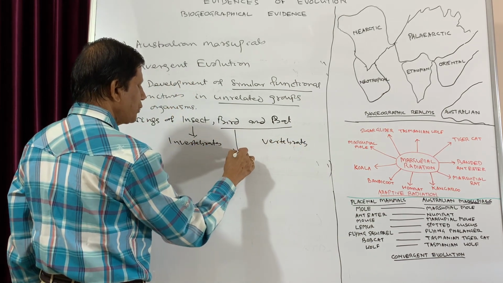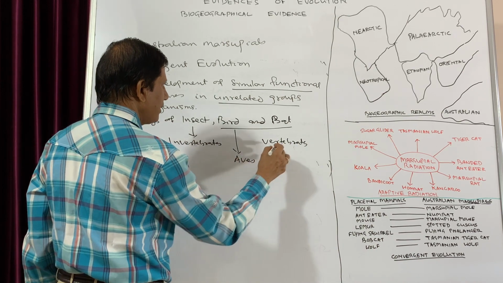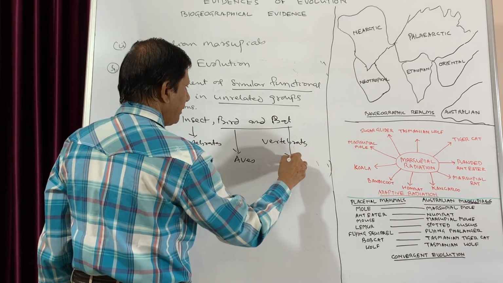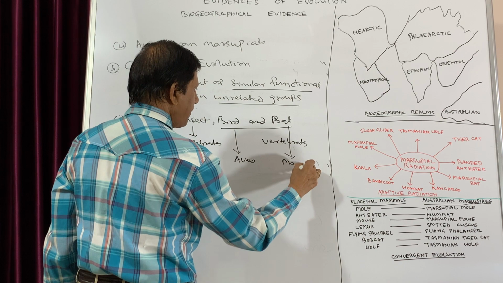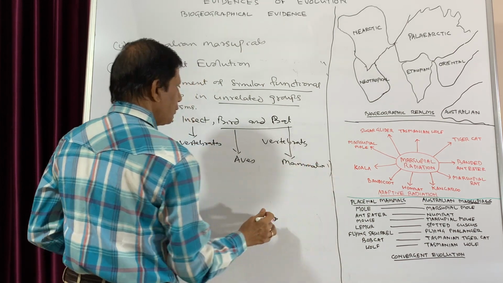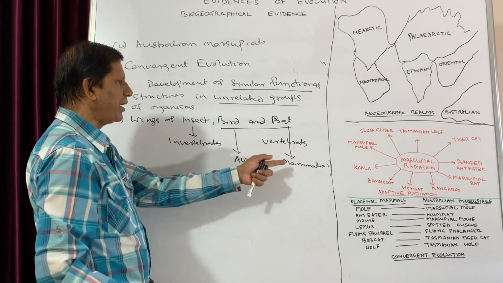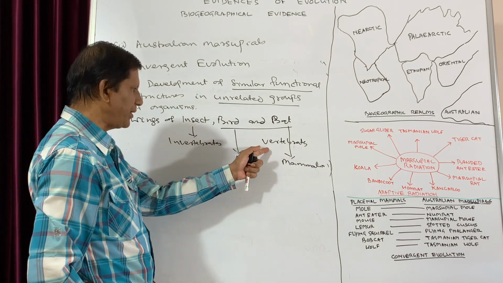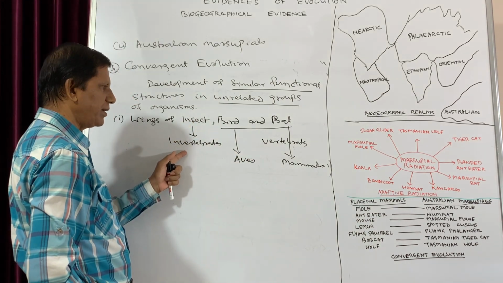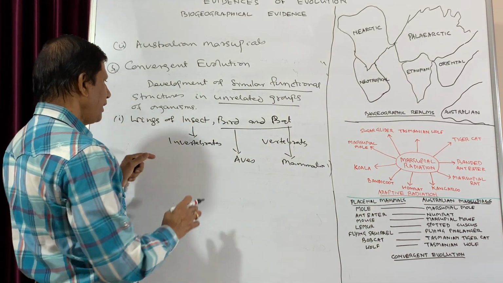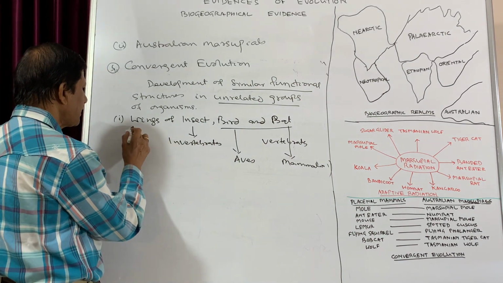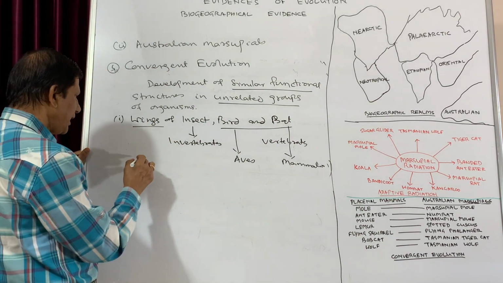Again, the bird belongs to the class Aves, while the bat belongs to Mammalia. So these belong to different classes, but they are vertebrates. Insect is an invertebrate.